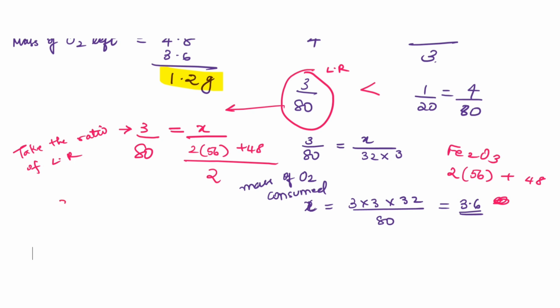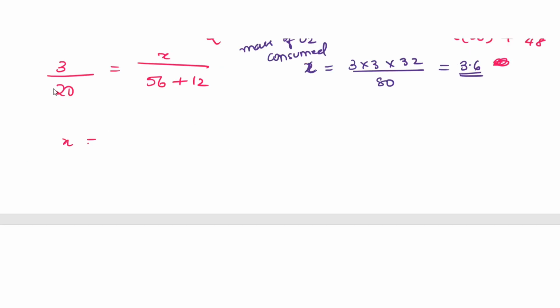What do we get? We get x as 12 grams. So this 12 represents the mass of the product being formed. 12 grams of Fe2O3 is produced. This is the answer. So this completes the major chunk of the chapter.